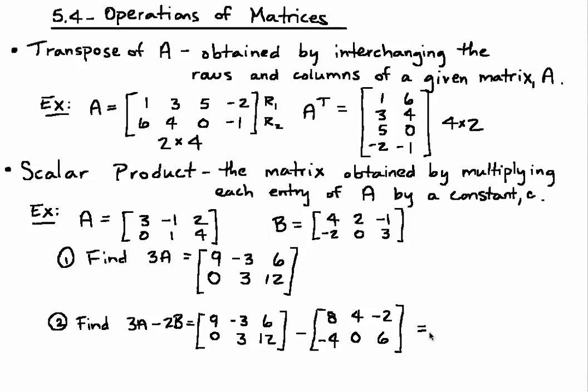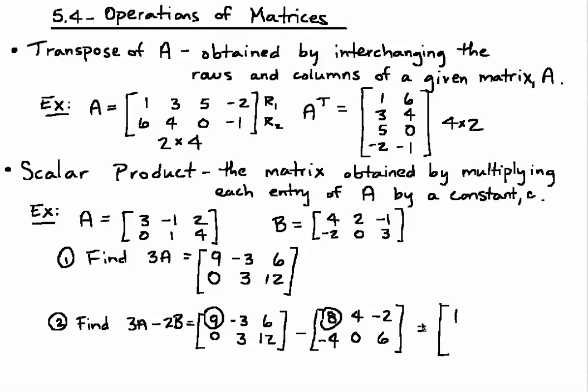Now we just have to subtract the two matrices. And we said we subtract matrices by subtracting the corresponding entries. So this is going to be 9 minus 8. That's A11 and B11. 9 minus 8 is 1.